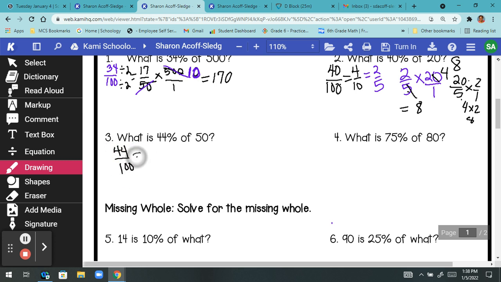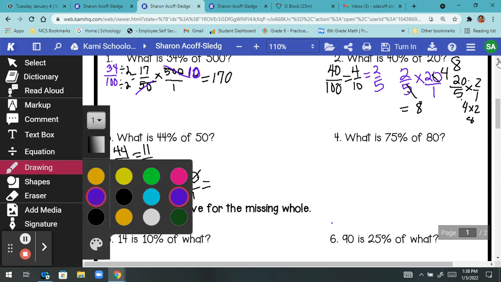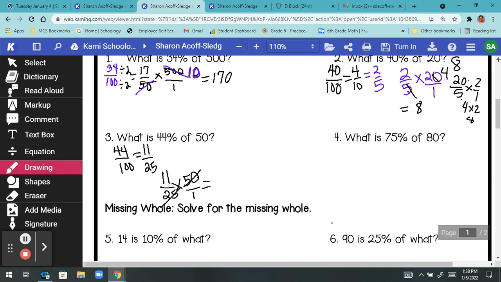And you said you got 11 over 25? Okay, and then you took that 11 over 25, and we're going to multiply it by 50. And 50 divided by 25 is 2. 11 times 2 is 22.